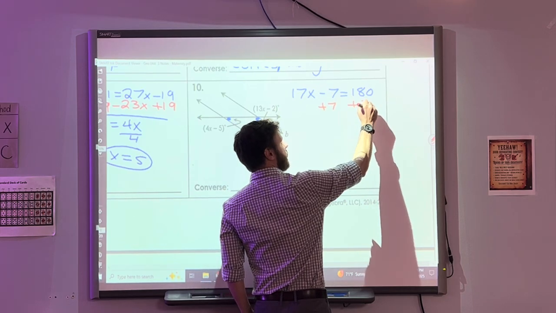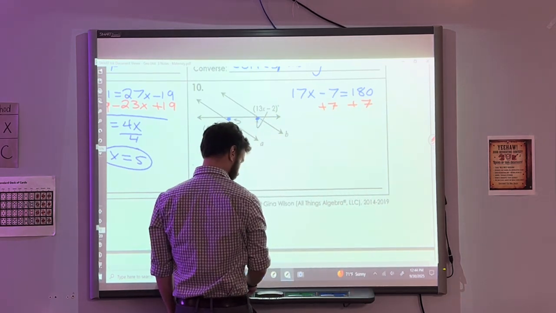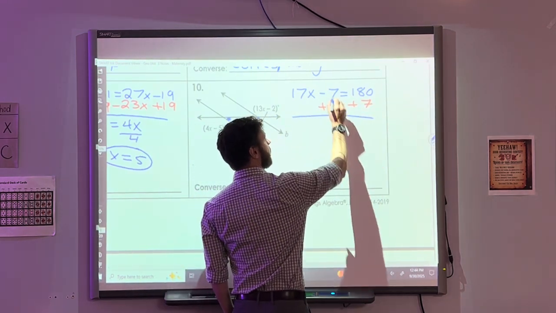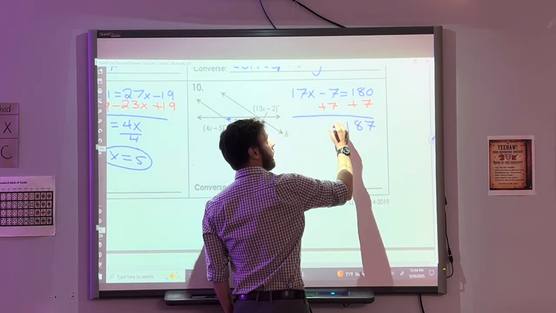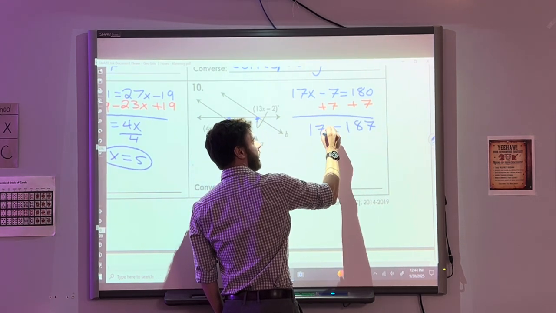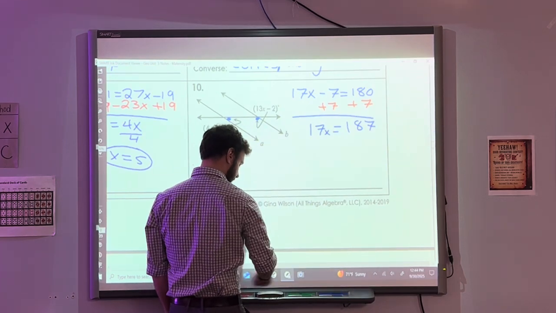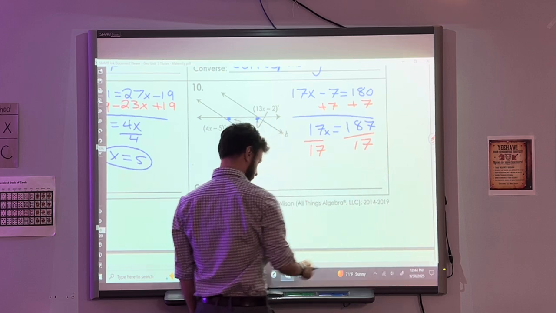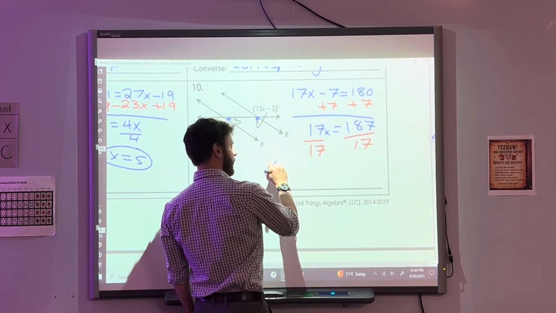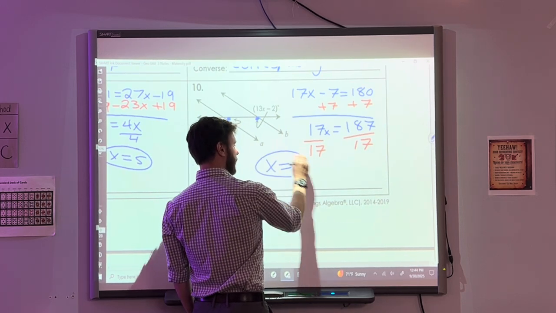Get x all alone. That doesn't bug people. 187 equals 17x. Divide by 17. And we get x is equal to 11.